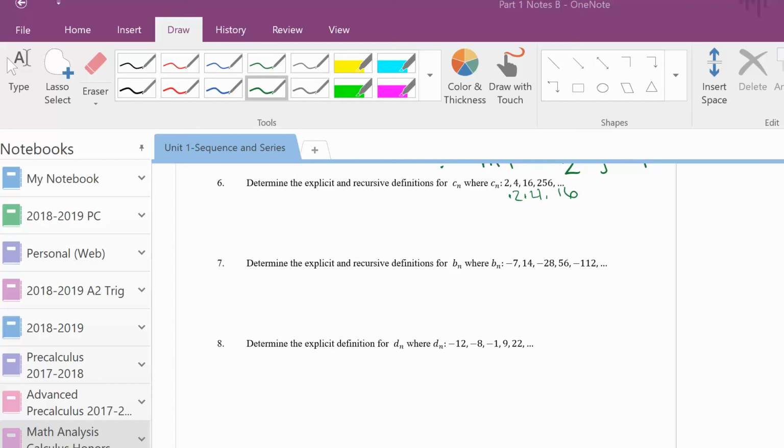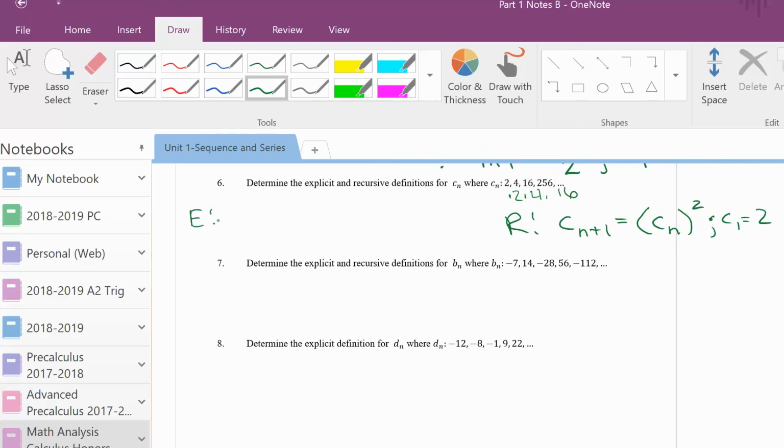So if you notice in the recursive definition, which might be easier, to find C sub n plus 1, the next term, you are basically going to take the previous term and square it. Because notice 2 squared is 4, 4 squared is 16, 16 squared is 256. And that means you're going to start with the first term that's equal to 2.